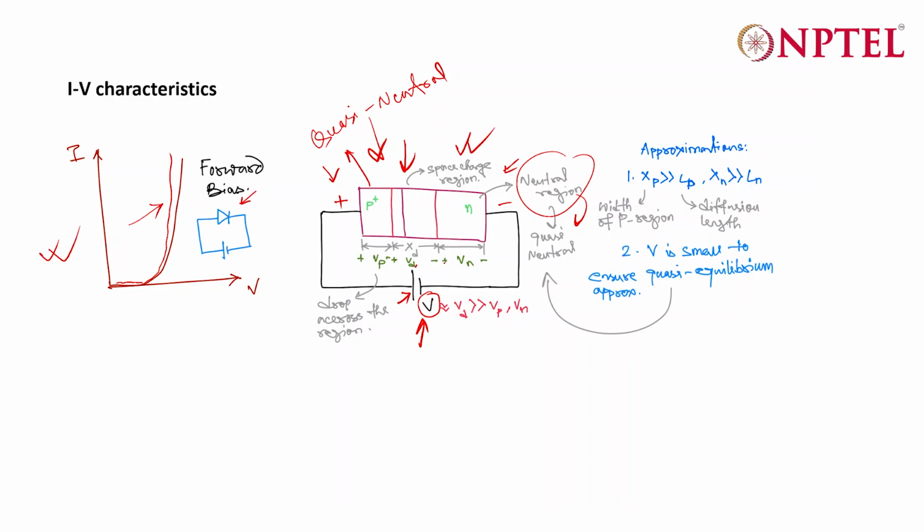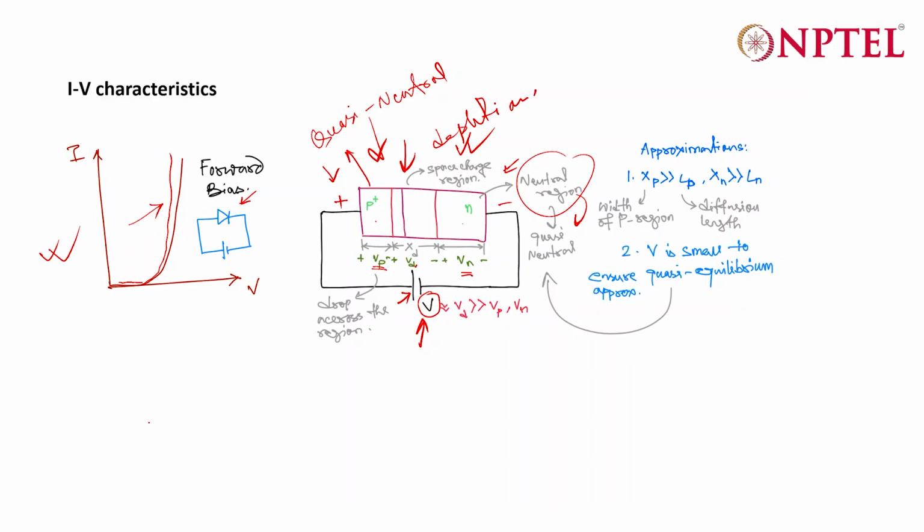So if you analyze it, you will find that the V is distributed in the neutral region in the N side, which is given as Vn, neutral region in the P side, which is Vp, and across the space charge region, which is Vd, space charge or depletion region. So we call it as Vd, right?